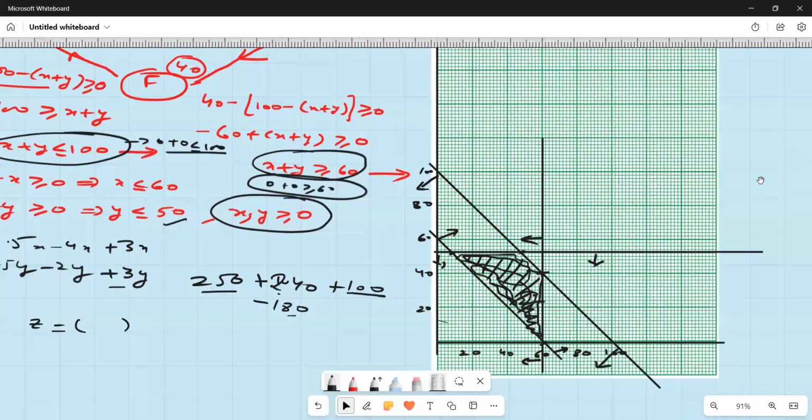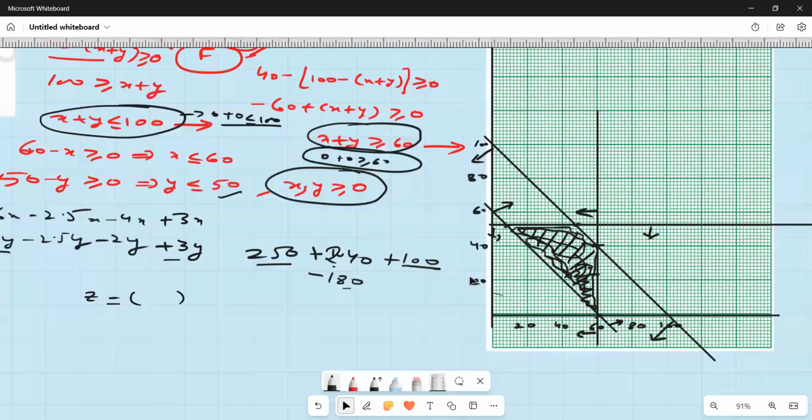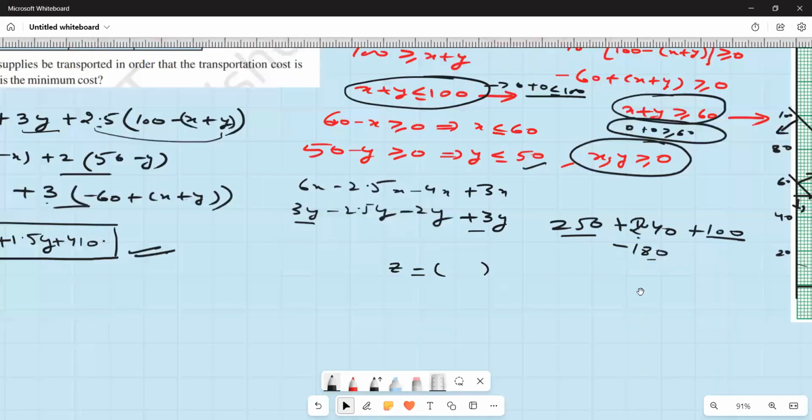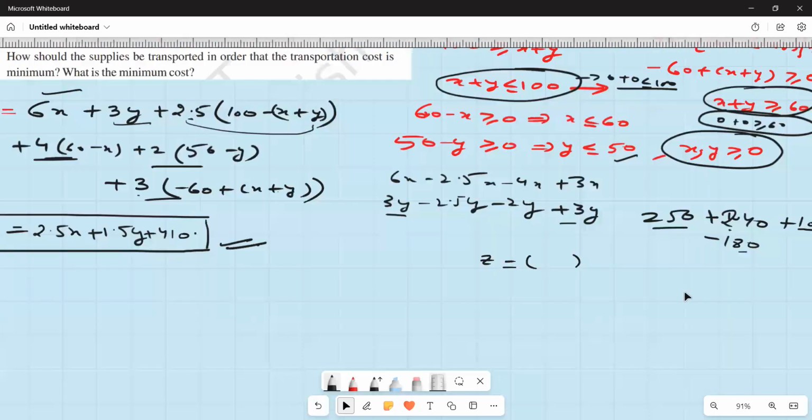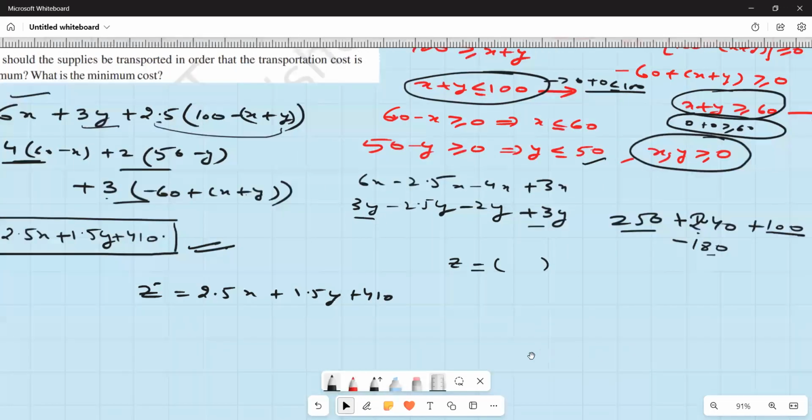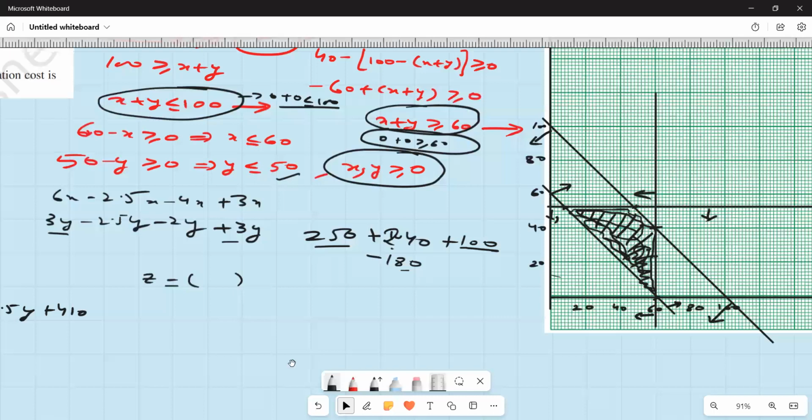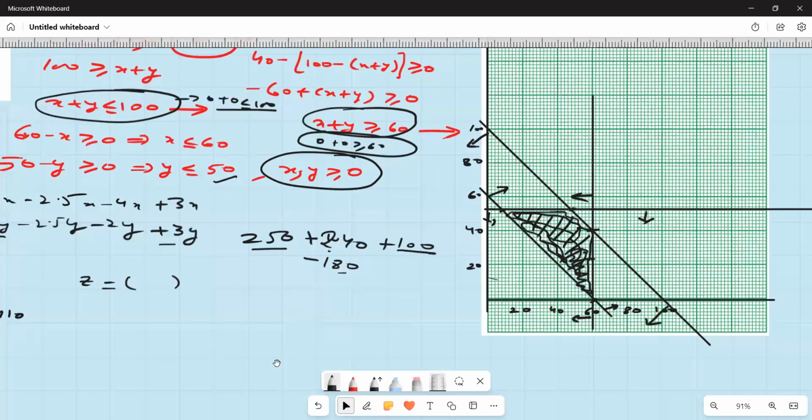You know how to maximize, minimize. So what are we getting here is Z equal to 2.5x plus 1.5y plus 410. In that, you will put these x and y points and check where the value is minimum. So that will be the solution of this, right?